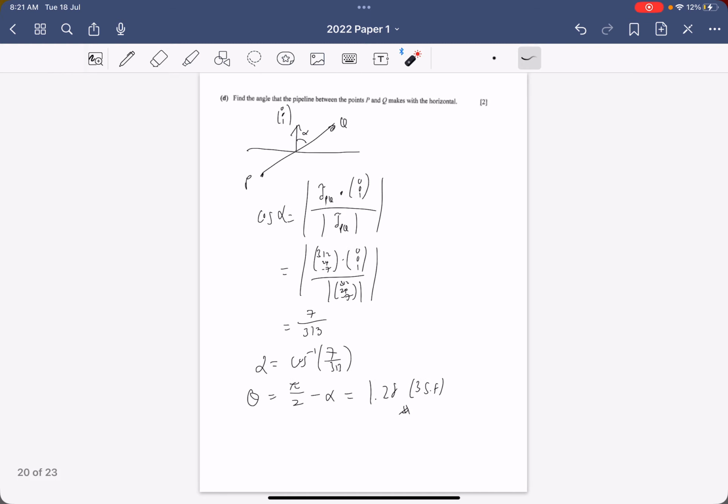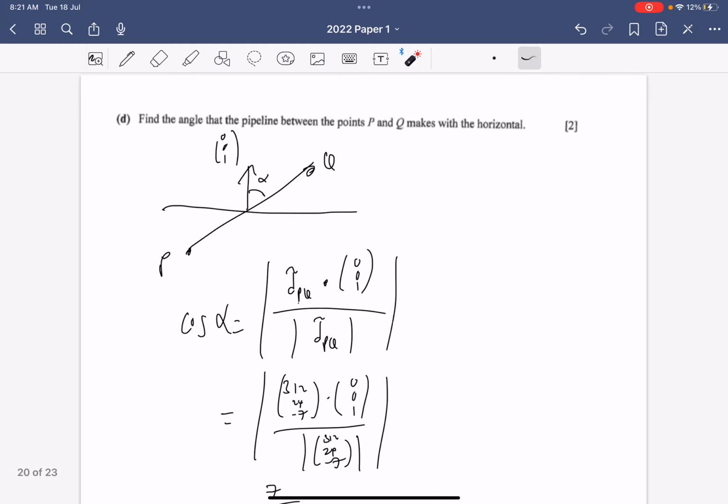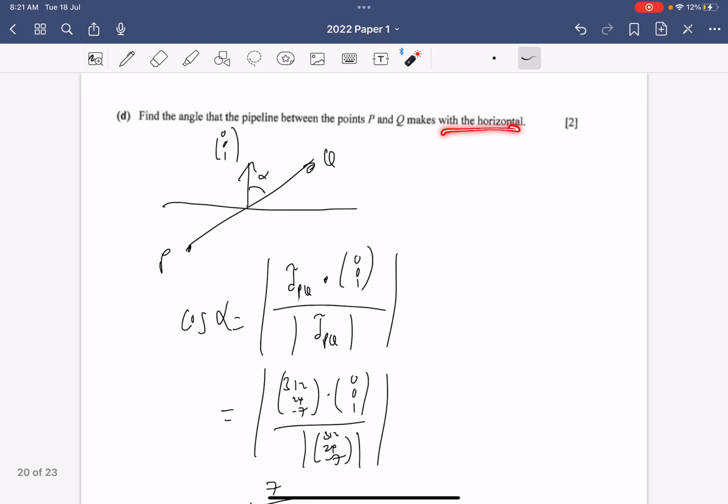And lastly, we're supposed to find the angle that the pipeline makes with the horizontal. So we just have a horizontal here, and we draw the pipeline again. So we know that the horizontal has a normal vector. The angle we find is alpha. So what we are imagining now is if we dot it and find the angle with cosine inverse, we will find this alpha.